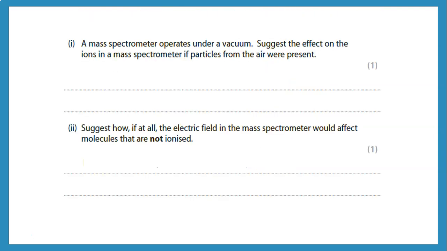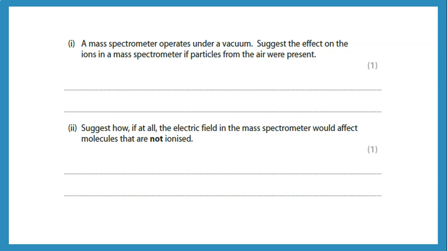Then he says a mass spectrometer operates under a vacuum. Suggest the effect on the ions in a mass spectrometer if particles from the air were present. You have to know that inside the mass spectrometer there is a vacuum. So as the positive ions are passing through, there is only vacuum around them. What if there were air particles around them?